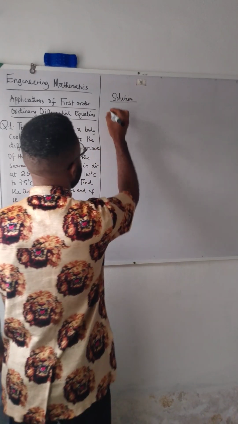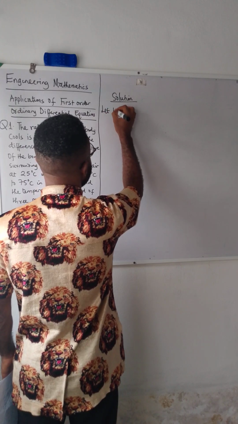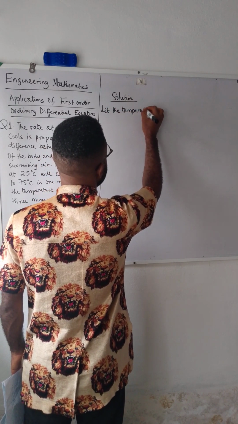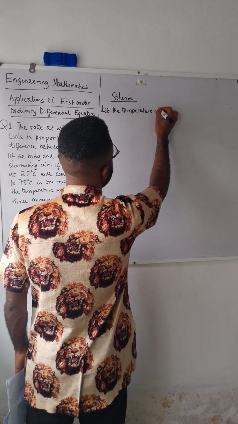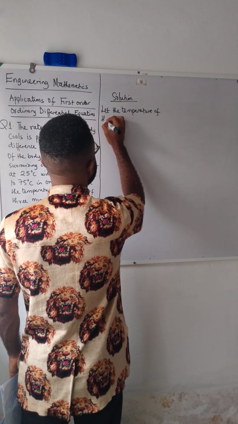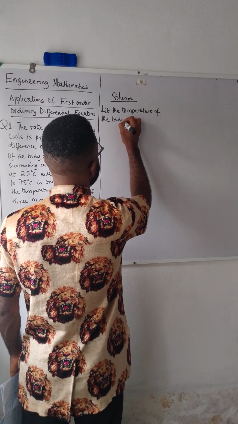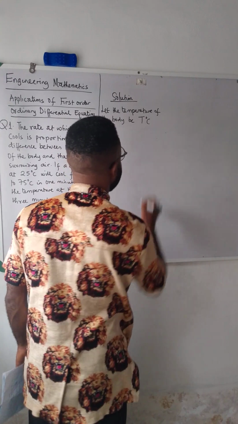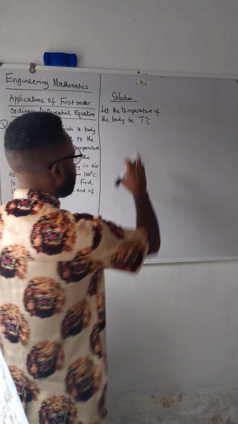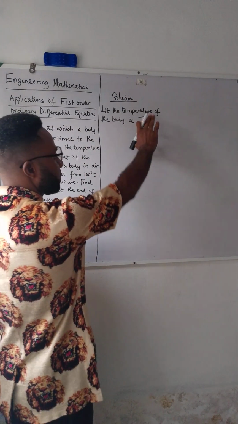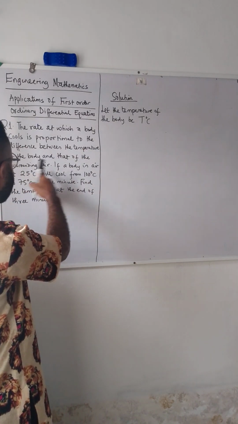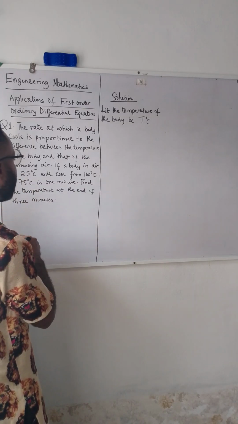So the first thing is we say let the temperature of the body be T degrees Celsius. So the temperature of the body will be represented by temperature in degree Celsius, and we are told that the temperature of the surrounding air is 25 degrees.